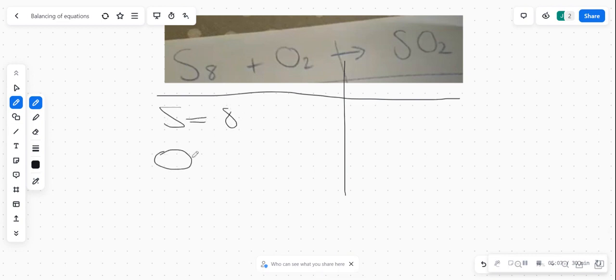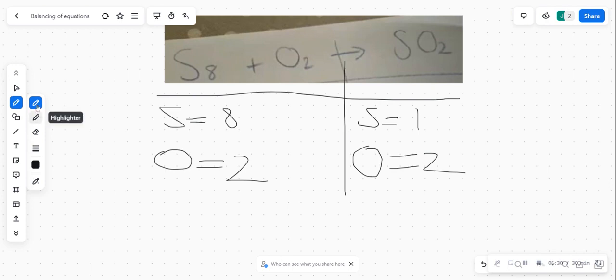My oxygen, oops, erase, that is 2. Sulfur on this side is 1, because there's nothing in front, nothing at the subscript, but if there's nothing, I know it's an imaginary 1. Oxygen is 2.